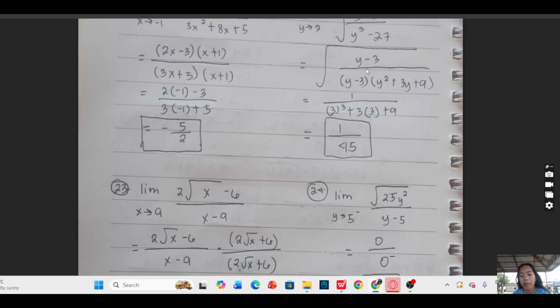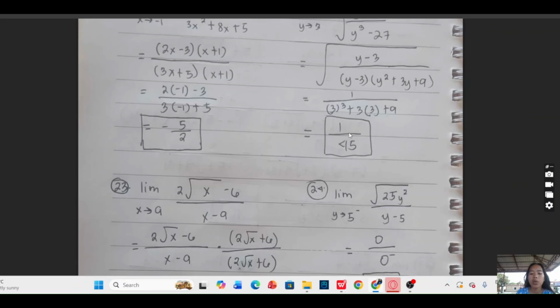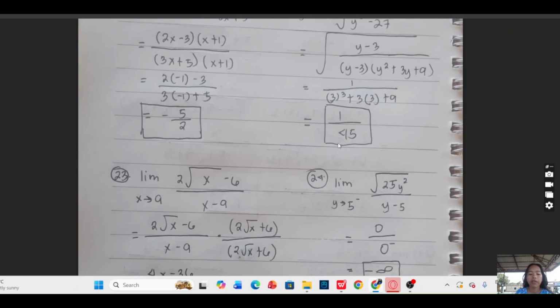Then cancel out y minus 3 as they are the same. We are left with 1 over, so change this y into positive 3. So we have 3 squared plus 3 times 3 plus 9, and our answer would be 1 over 45.